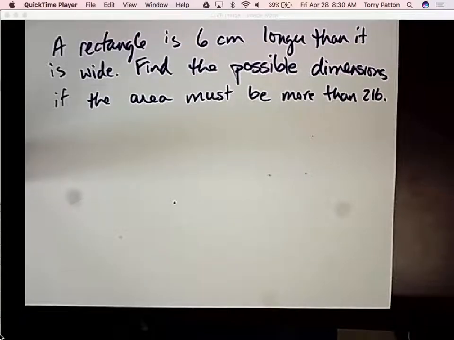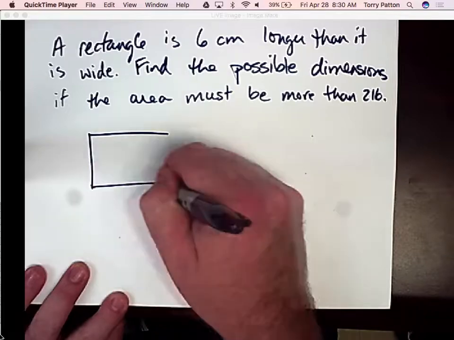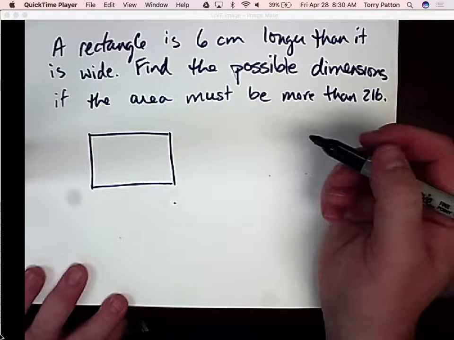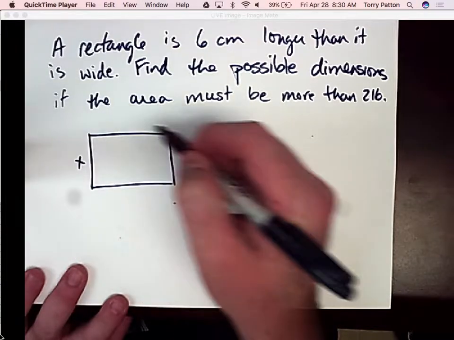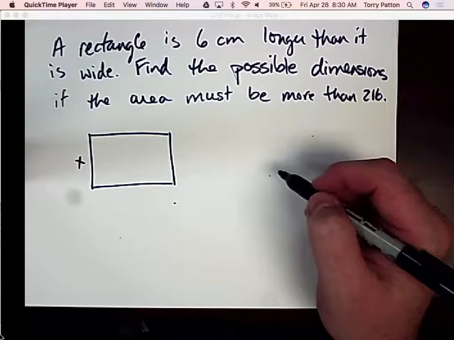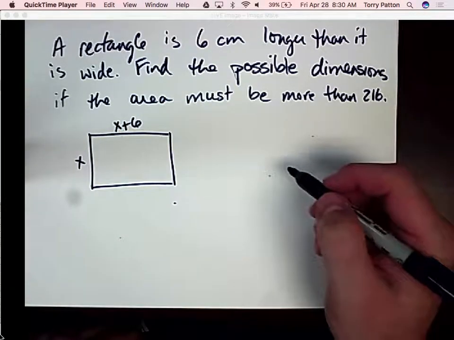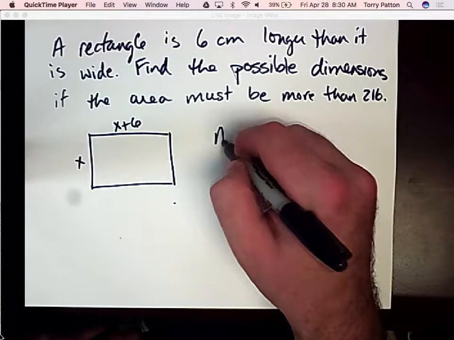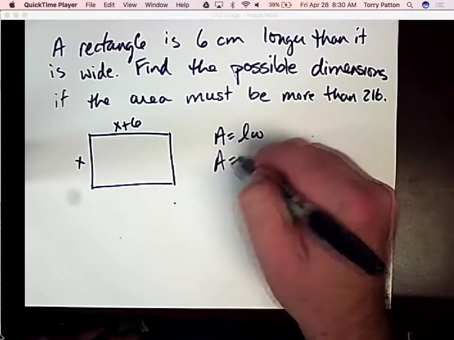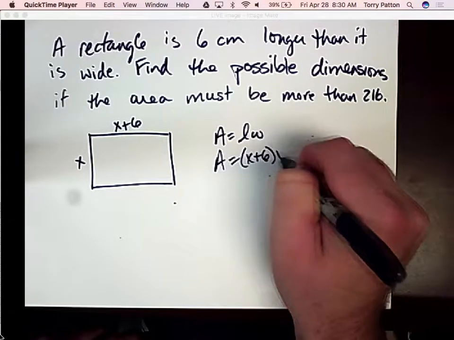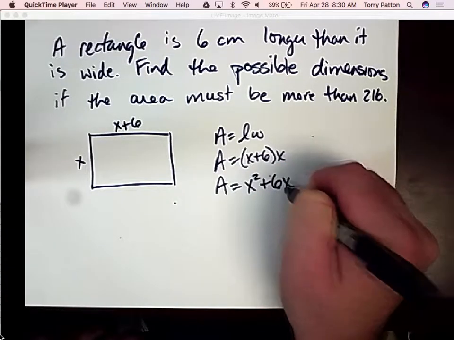Okay, so here we go. We've got a rectangle. We don't know the width, so let's call that x. But if that's x, what's the length? X plus 6. And then the area is length times width, right? Would be x plus 6 times x, which is x squared plus 6x.